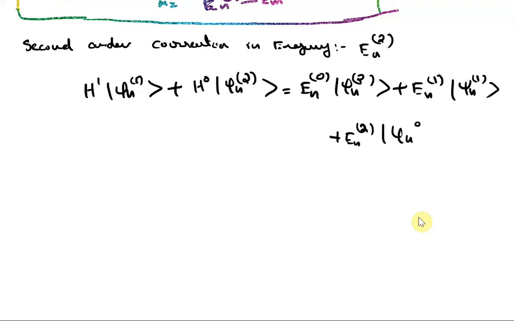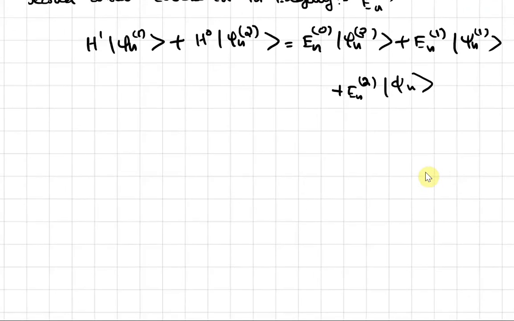This psi n0 is nothing but phi n. It's an unperturbed state, so we'll write it as phi n. So how do we get this expression? It's coming from comparing the lambda square terms in our perturbation expansion.